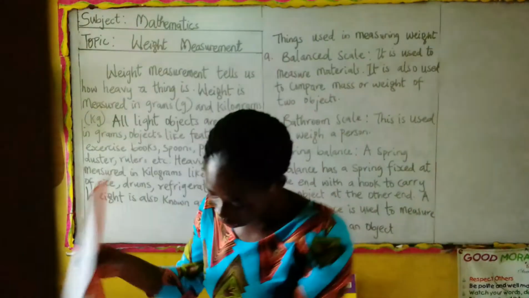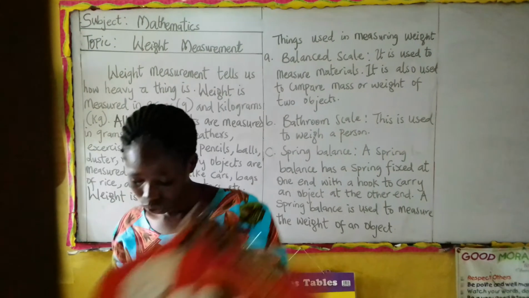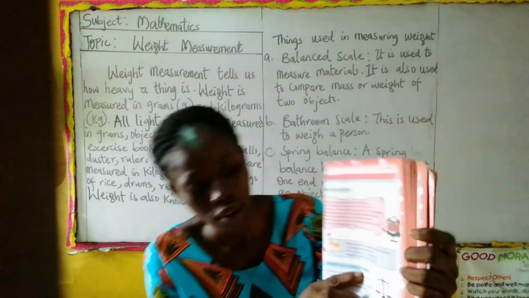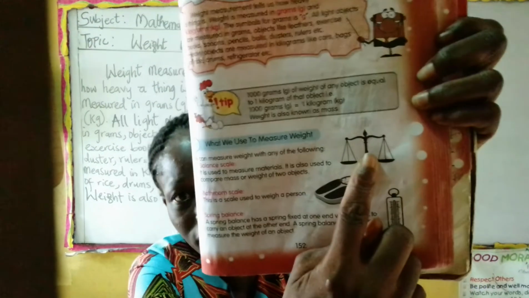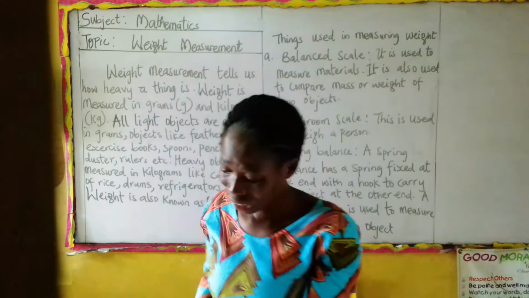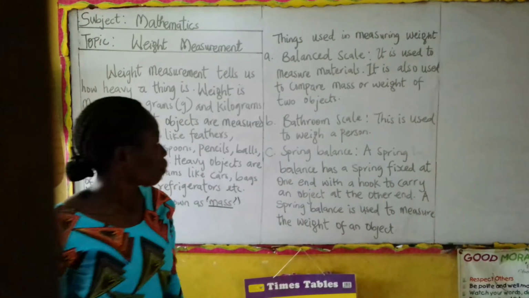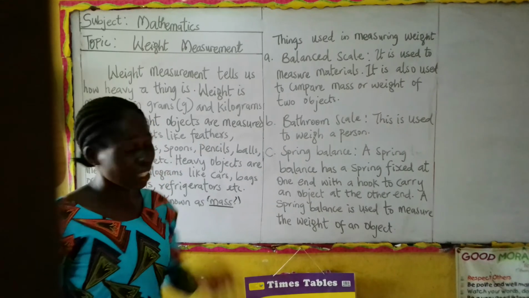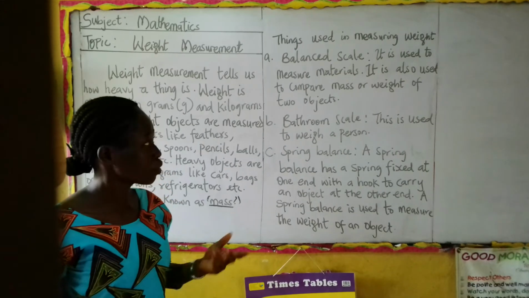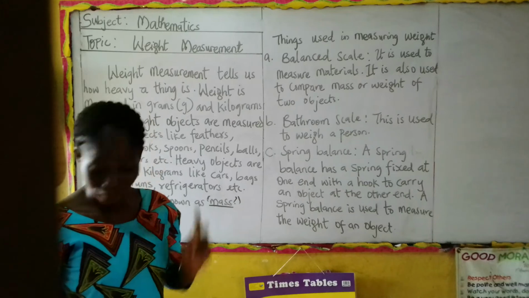And if it's not very clear, I can show you through your math textbook. Okay, this is the balance scale here. Can you see it properly? Good. That is the balance scale there. It is used to measure materials. It's also used to compare mass, which is the weight, of two objects.